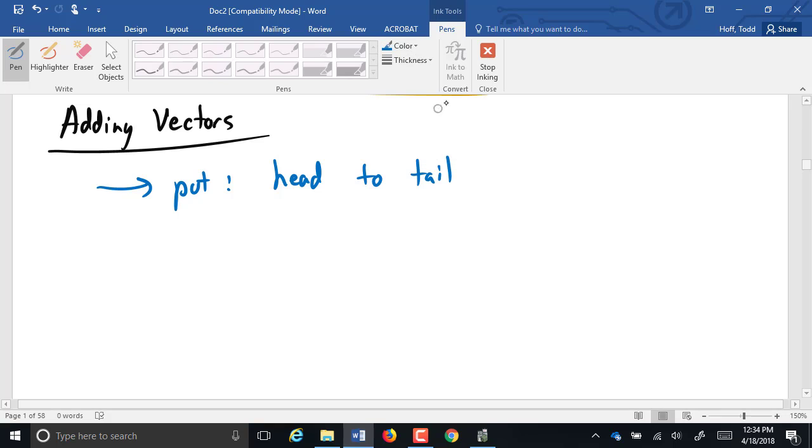We actually looked at vectors when we did negative numbers last semester. Remember we said 7 plus a negative 12. We started at 0, we went positive 7, then negative 12 took us back this way, so we ended up at negative 5. Well, those were on a one-dimensional number line, so they either went right or left.